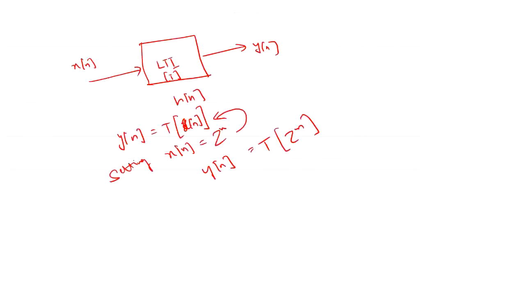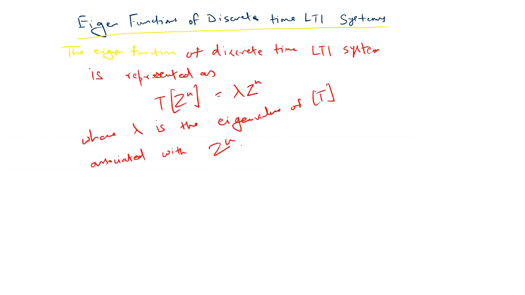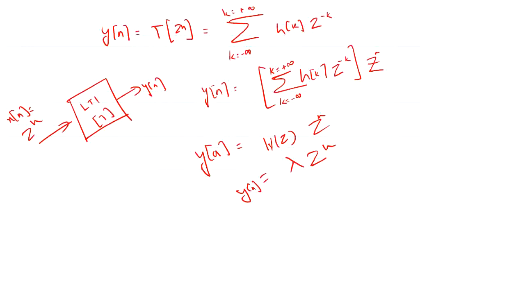In the previous page I gave the relation that if we apply the input z raised to the power n, then we get the output lambda z raised to the power n. And what is lambda? Lambda is basically the eigenvalue. Now a very important concept arises from this, which I will tell you shortly.